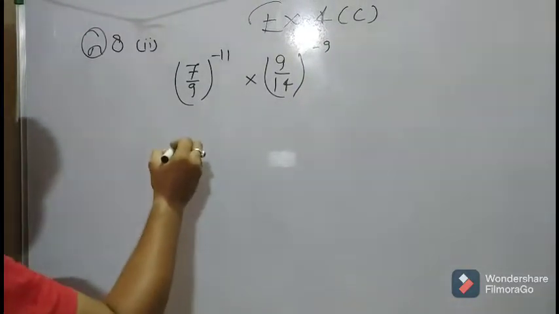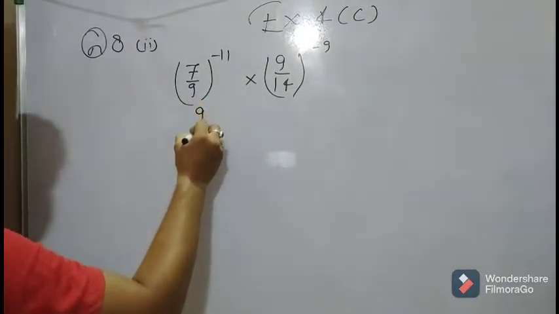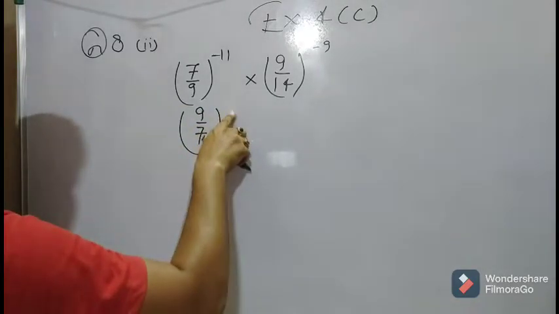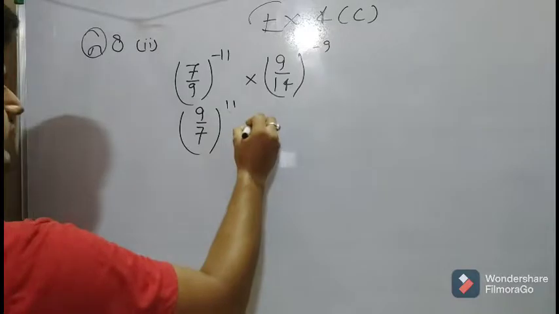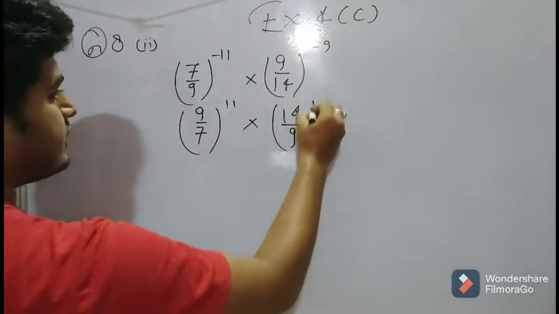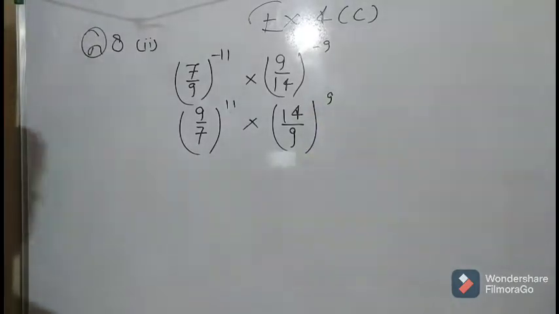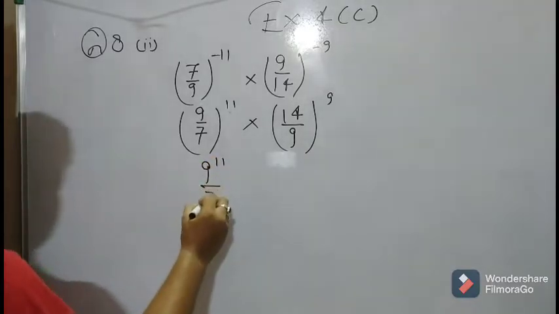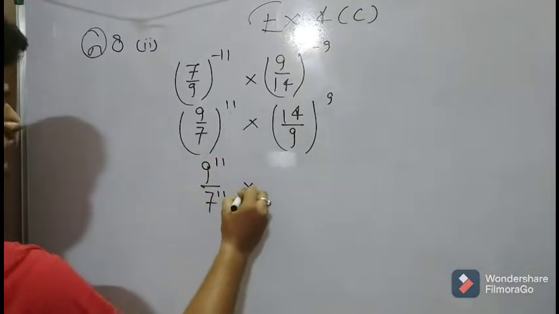Now it can be written as (9 by 7) raised to the power 11, and (14 by 9) raised to the power 9. The negative signs will be removed from the power. So it will be written as 9 to the power 11 upon 7 to the power 11.